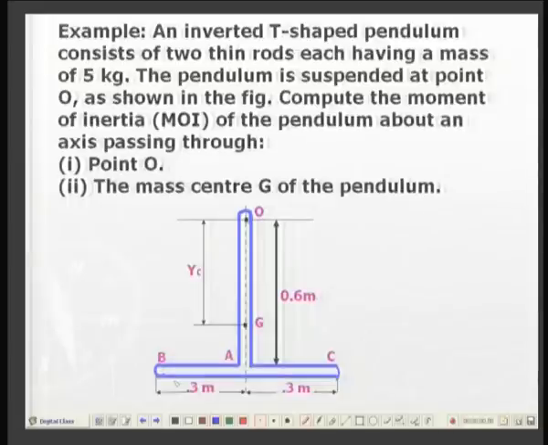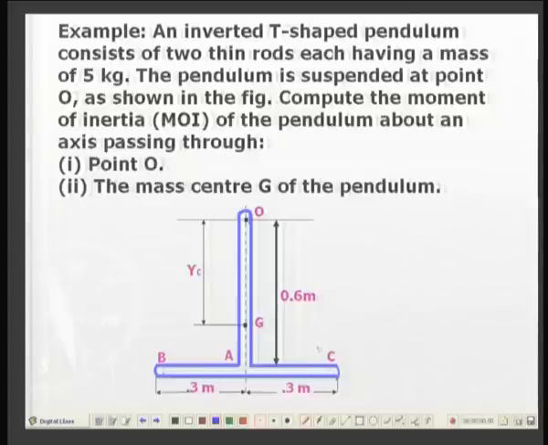Let us go to a much more interesting problem now. Here is an inverted T, which is being used as a pendulum, and consists of two thin rods, one rod vertical and the other horizontal. Both rods have dimensions 0.6 meter by 0.6 meter.